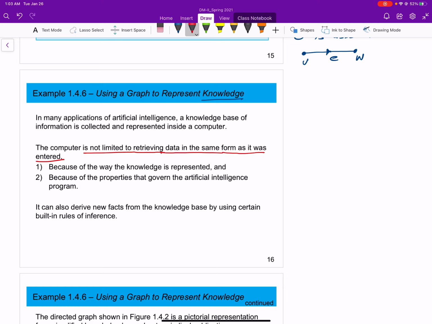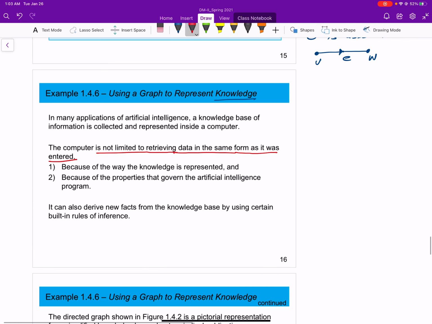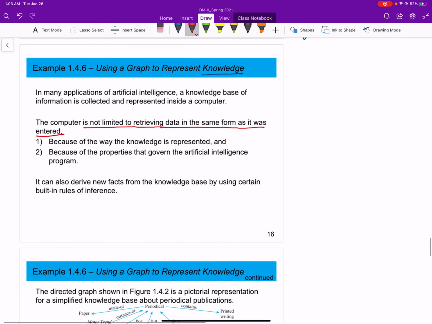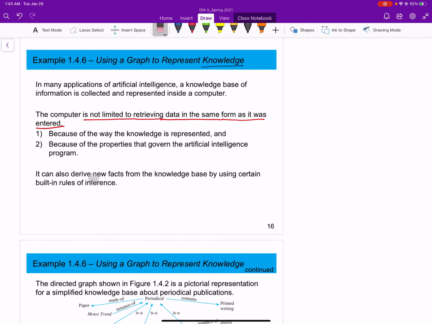What you get is a number between 0 and 1. This number tells whether you input a dog or a cat. It can also derive new facts from the knowledge base by using certain built-in rules of inference. Statistical inference is very important. Making decisions.